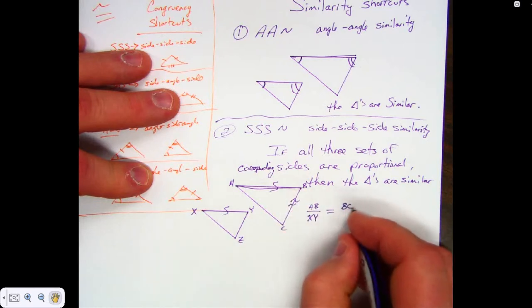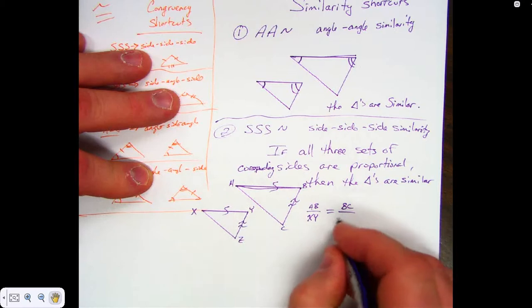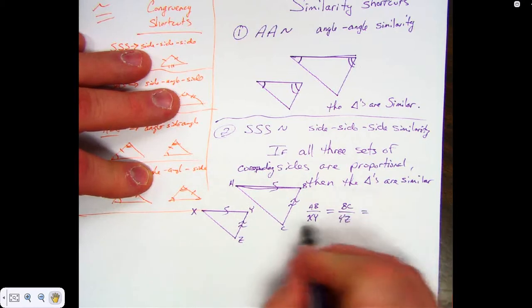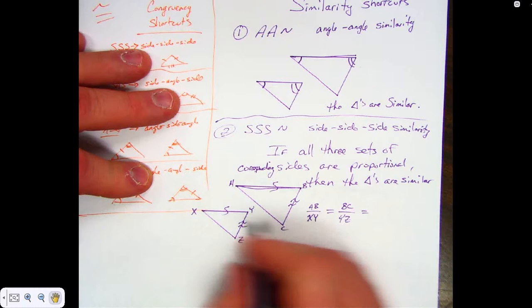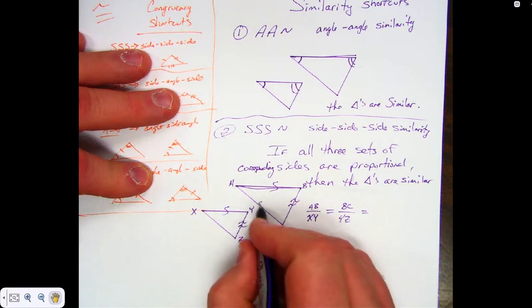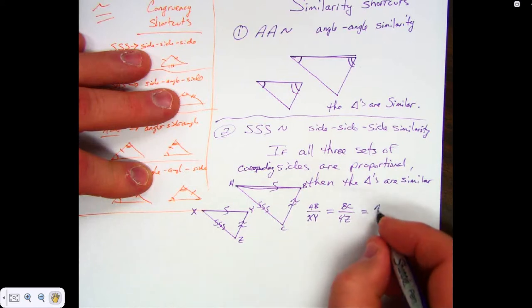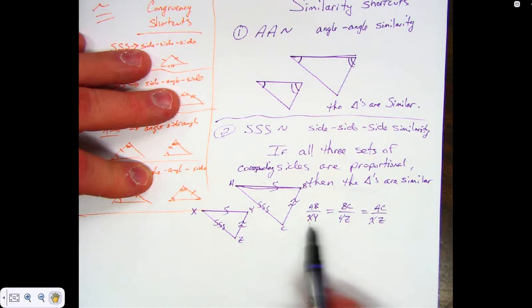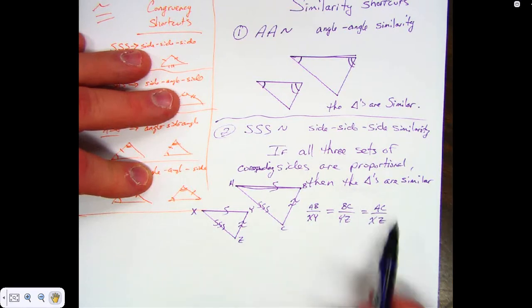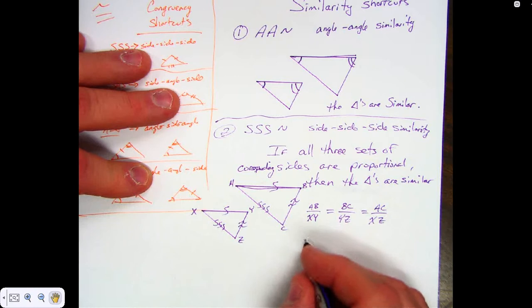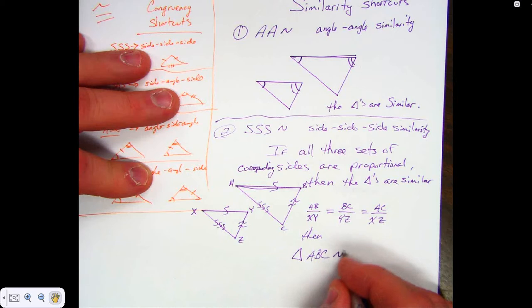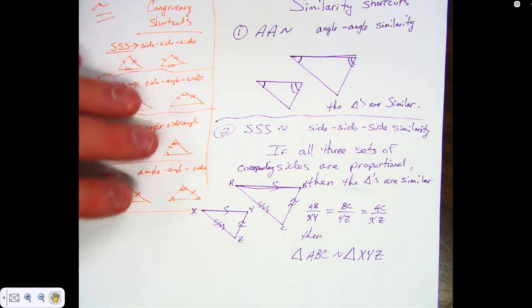BC over what? Because now I've got two sets proportional, right? And then if it turns out that this ratio here, which is AC over what? XZ, if those two are the same, all three of these ratios end up being the same scale factor, then what can I say? Then triangle what? ABC is similar to triangle what? XYZ. Correct?